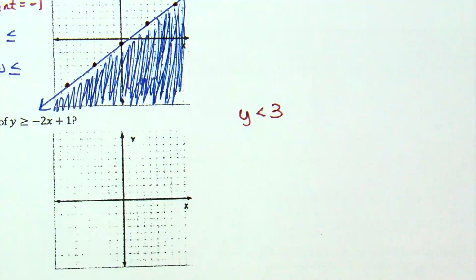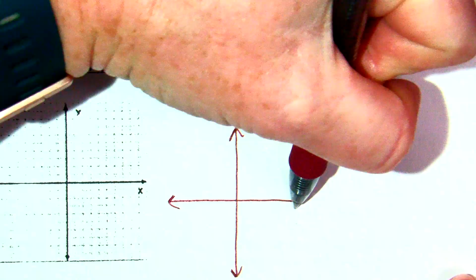Now, 3 is not the slope because 3 is not attached to an x. So I have to veto that.